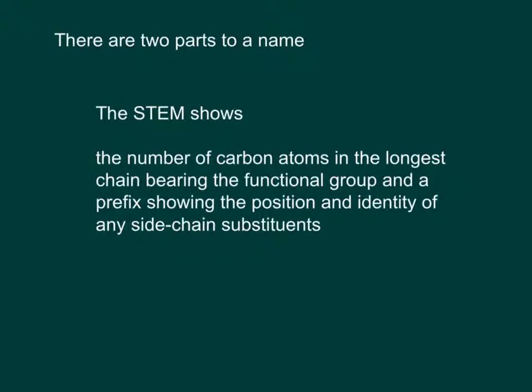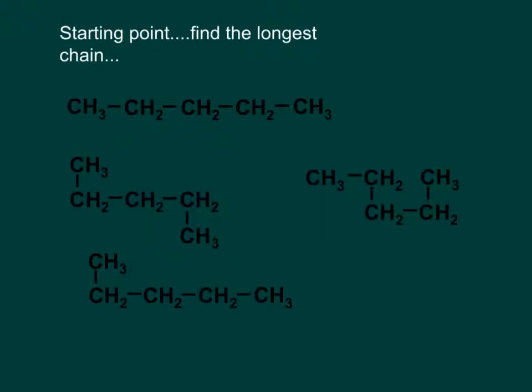So we're going to start off by trying to find the longest chain in a number of molecules. Have a look at these 4 molecules here, and we're going to try and find the longest chain. Initially they may all seem different molecules. In fact, they are all 5 carbon chains, 5 carbon atoms in a chain.